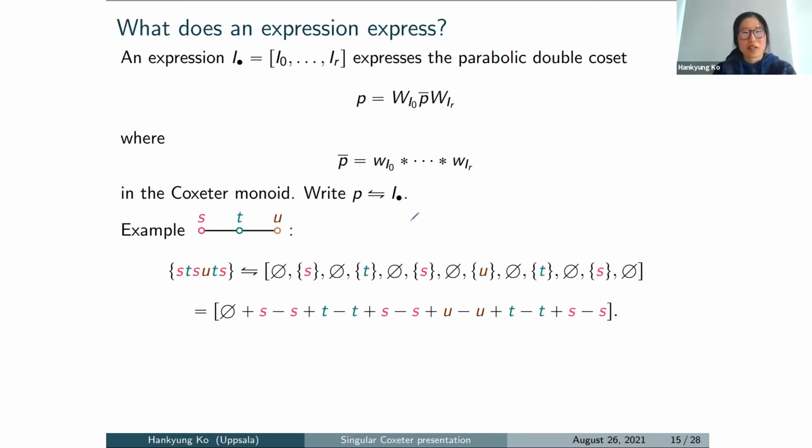And let's look at an example. So this is the symmetric group S4 with 3 generators. And consider this expression that we saw before.